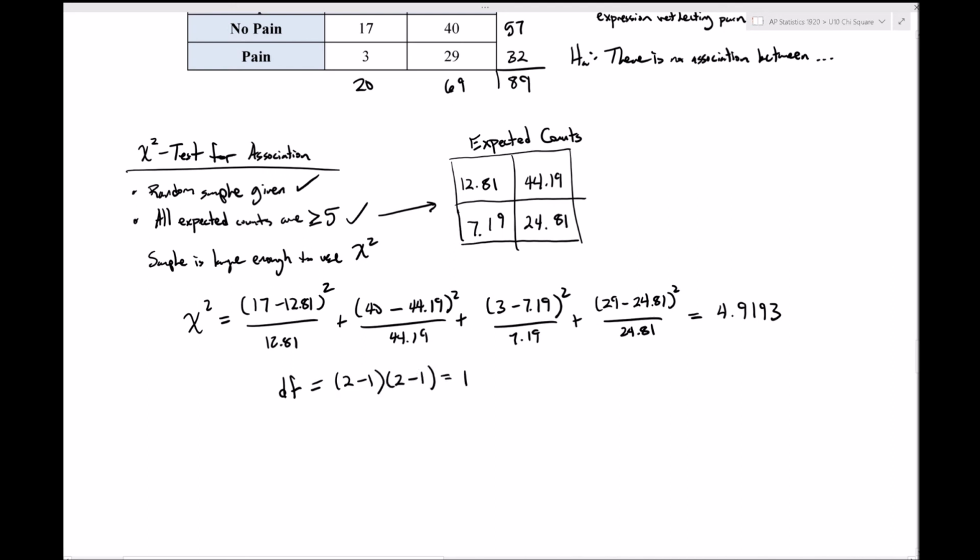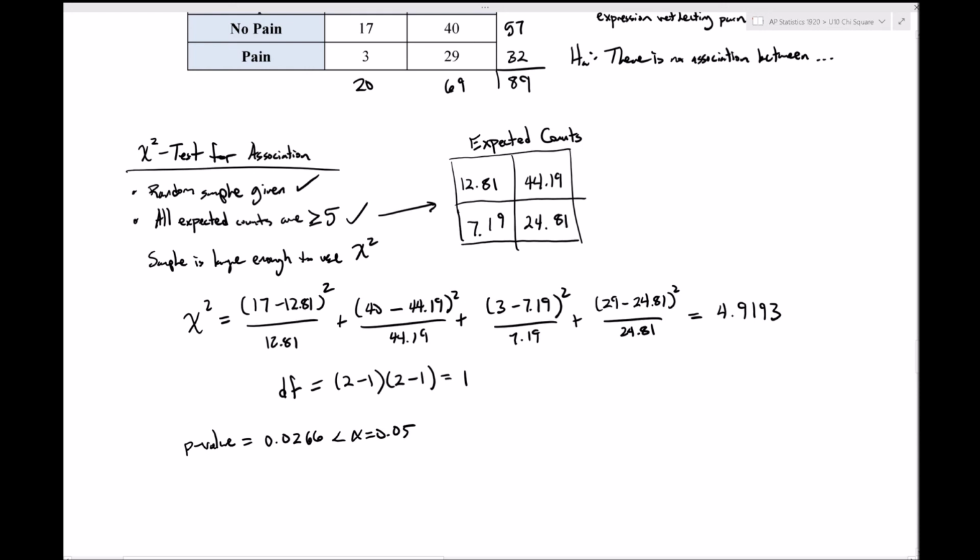In this case, it's 1. P-value, also on the calculator, 0.0266-ish, if you round to the nearest 10,000th. So that is arguably statistically significant. This is less than alpha equal to 0.05.